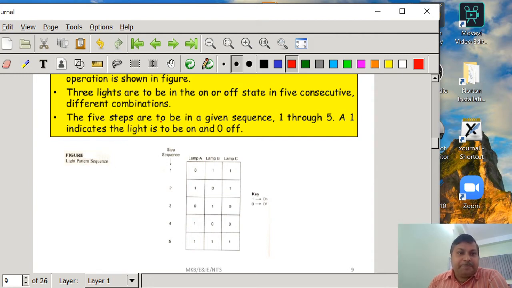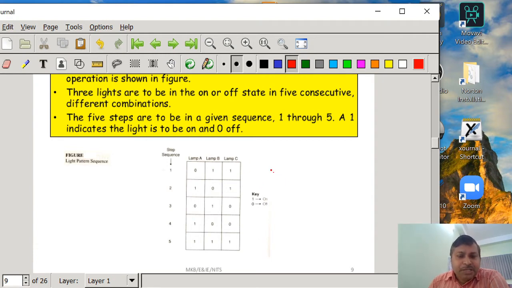The 5 steps are in a given sequence, 1 through 5. A 1 indicates the light is on and 0 is off. So at step 1, light A will be off, and B and C will be on. At step 2, some pattern will be followed. Like that, at step 5, a particular pattern has to be followed by lamps A, B and C.